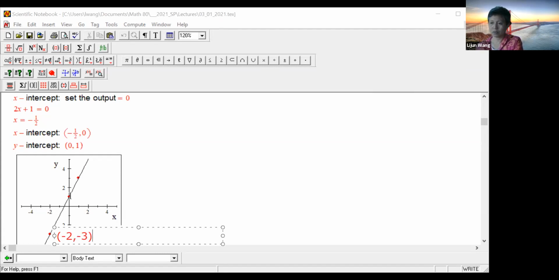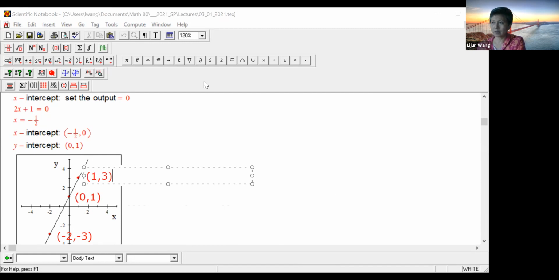Okay, so hopefully you see the complete answer here. And over here, that's (1, 3). And the X-intercept here, I'm going to mark this point.